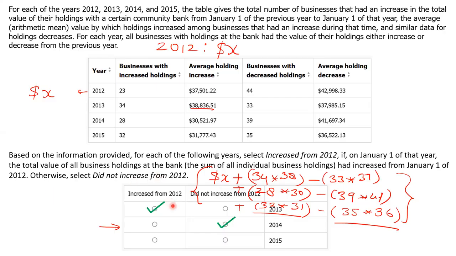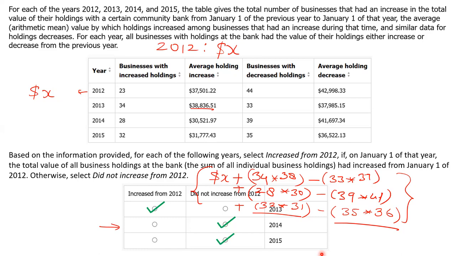In 2014 also it was a subtraction. In 2015 it is even further subtraction. See, even till this point it was a negative, right? And this is further negative.